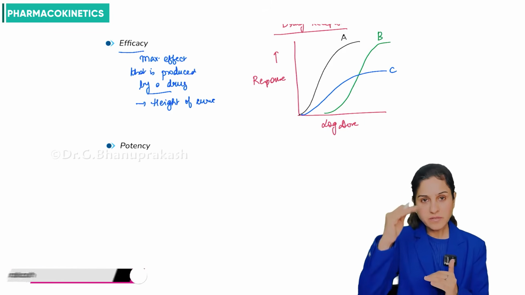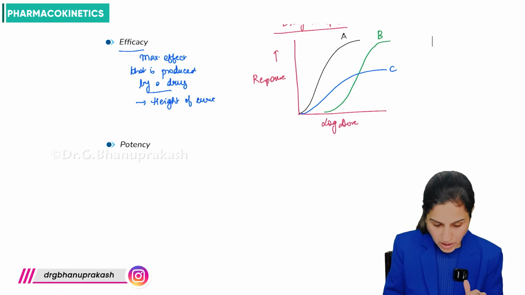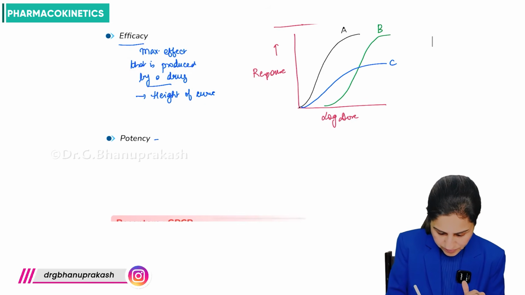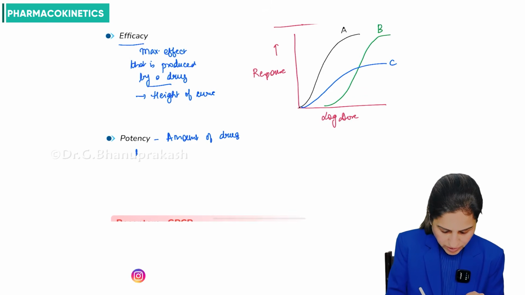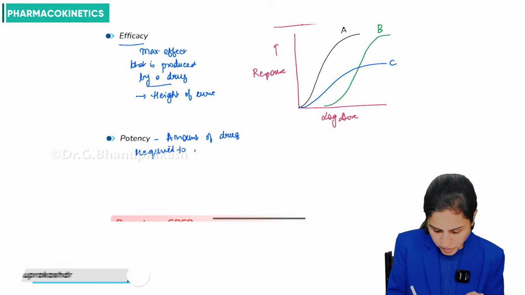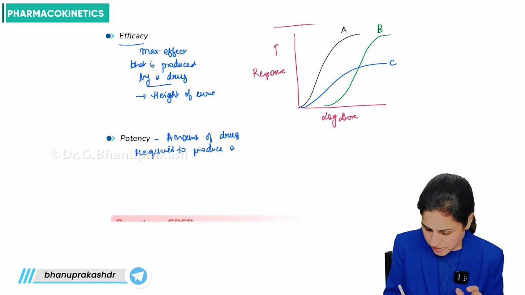How tall the curve is in this graph. Okay. Potency is the amount of drug required to produce a certain response or a given effect.